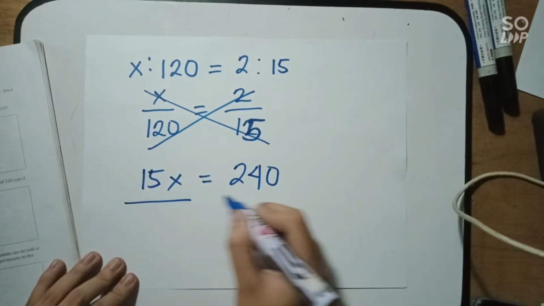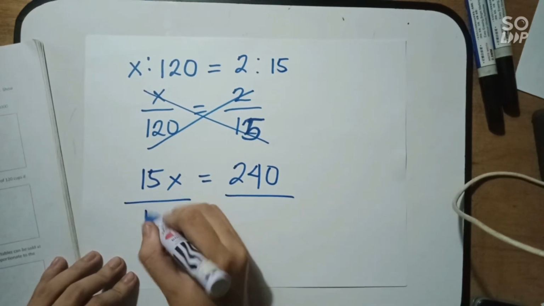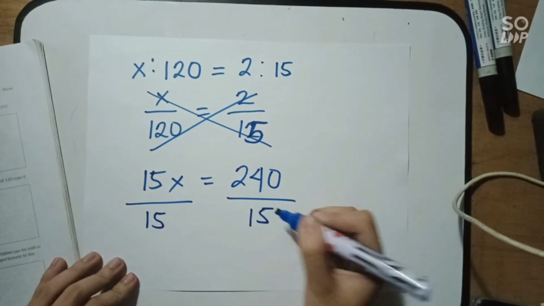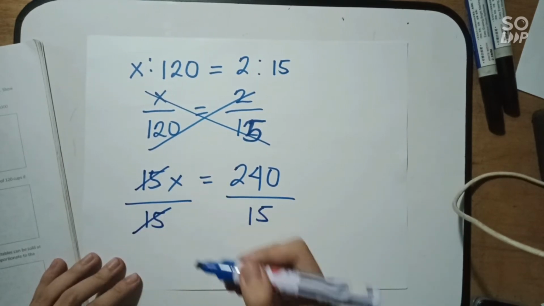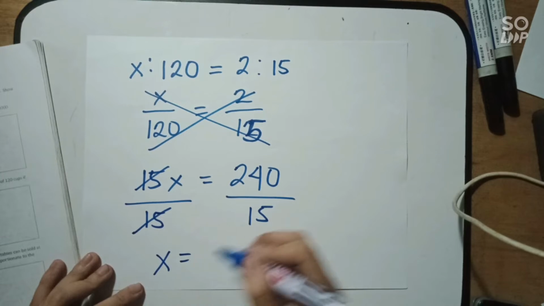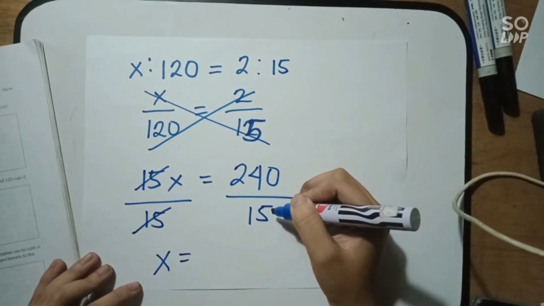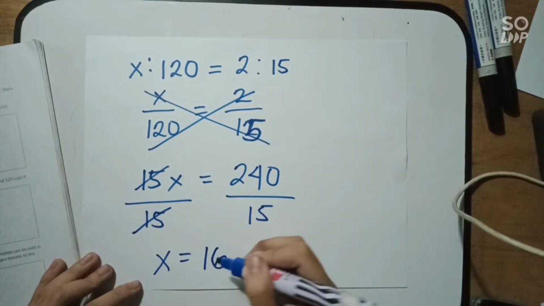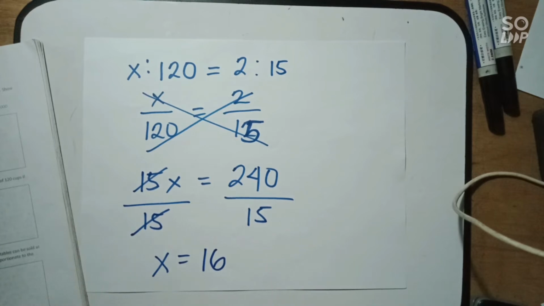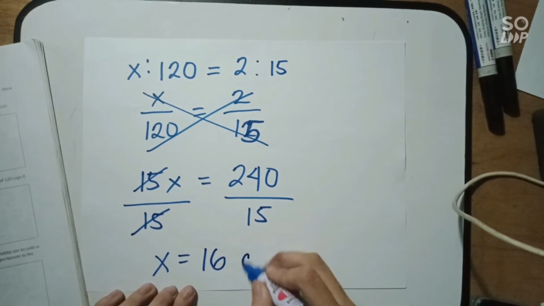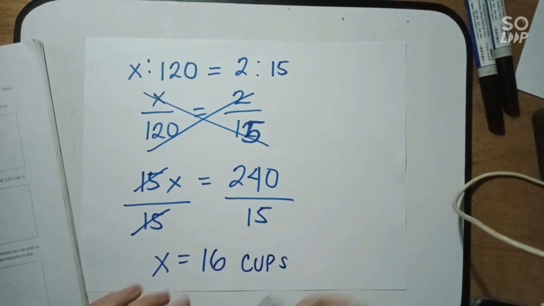Then we divide both sides by 15 in order to get the value of x. So cancel the 15. X is equal to 240 divided by 15, which is 16. So therefore, 16 cups of orange juice powder are needed to prepare an orange drink of 120 cups.